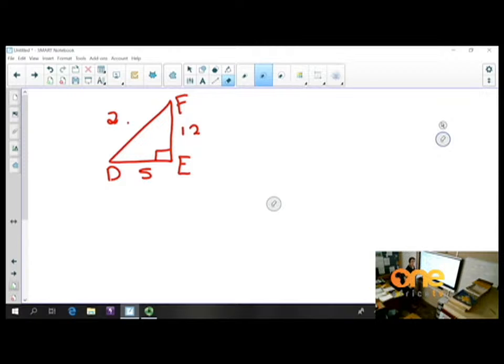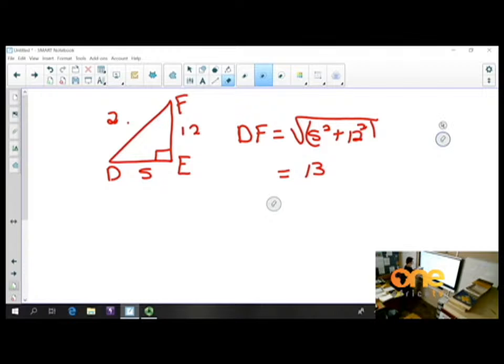Are we going to add or subtract? Add. So we can say that DF is then equal to 5 squared plus 12 squared. I add because I want to find the hypotenuse. And the square root of that is 13.